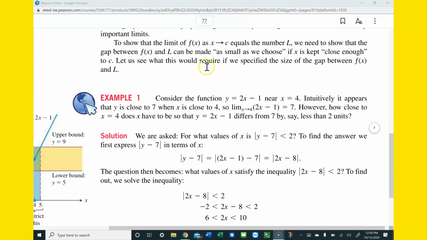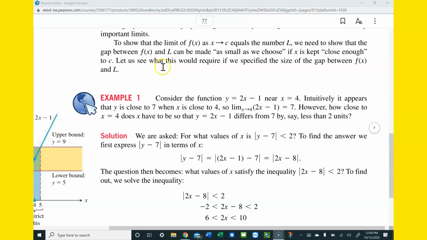To show that the limit of f of x as x approaches c equals the number L, we need to show that the gap between f of x and L can be made as small as we choose if x is kept close enough to c.